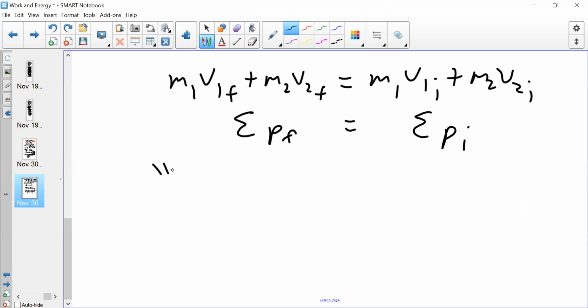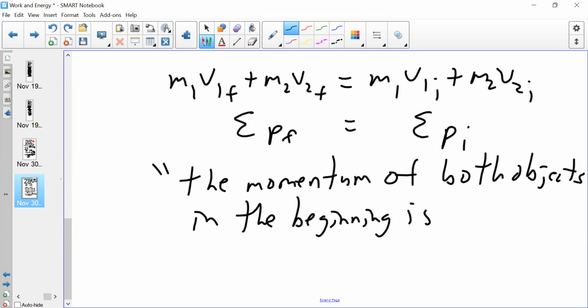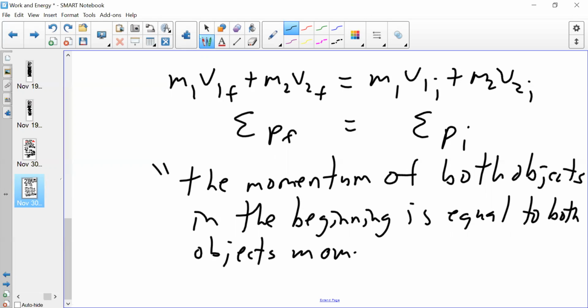So in easy language here, the sum of the momentum of objects is equal to the sum of the momentum, or momenta, yes.